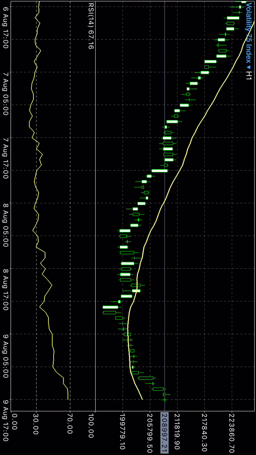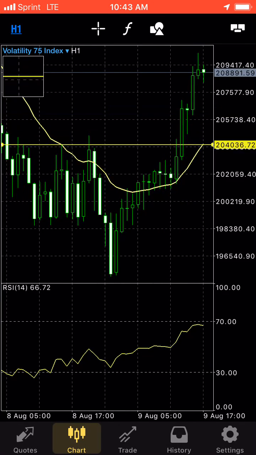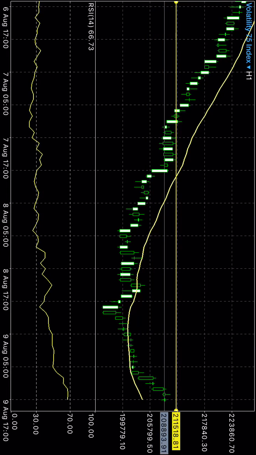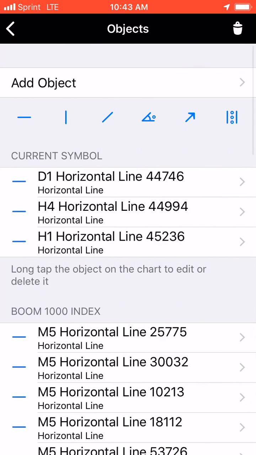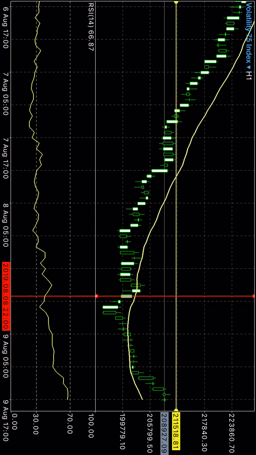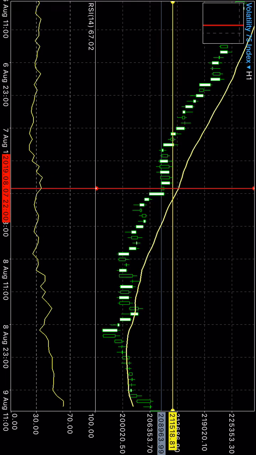So we don't really have much there, but the only thing you can see is, if I take the horizontal line down a little bit, I will be able to say, okay, here price was having difficulties to break somewhere. Let's see where that place is.